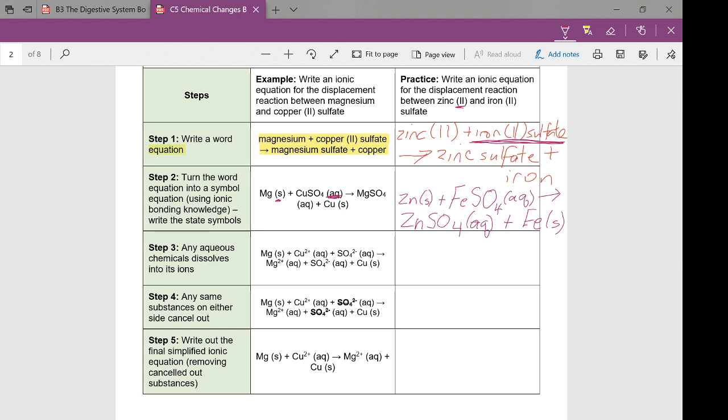So all I've done is I've written out my word equation, and then I've turned each individual section into chemical symbols instead, without changing the structure. Okay? Just from using the periodic table and also knowing that sulfate was SO4 with a 2- charge.